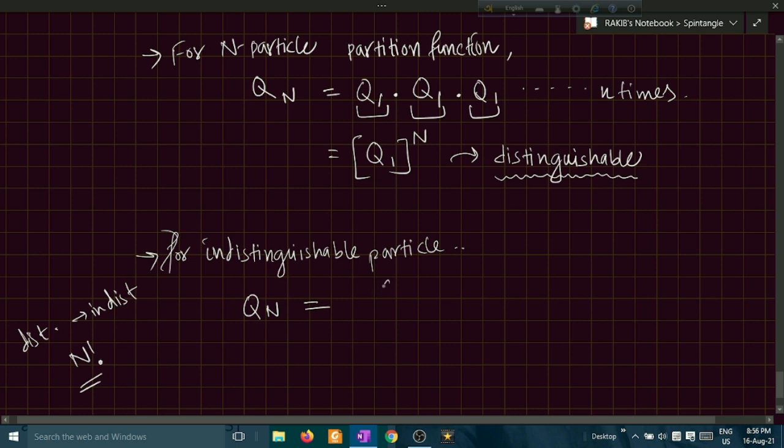That means it will become q1 to the power n for the distinguishable part. In case of indistinguishable part, there will be n factorial. I have discussed this thing in the removal of Gibbs paradox topic. Okay, you can find a lecture named removal of Gibbs paradox.